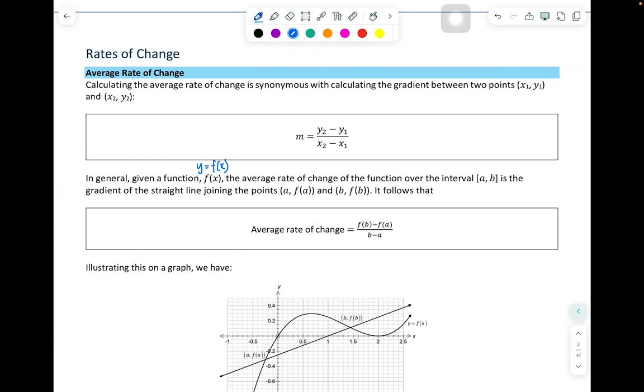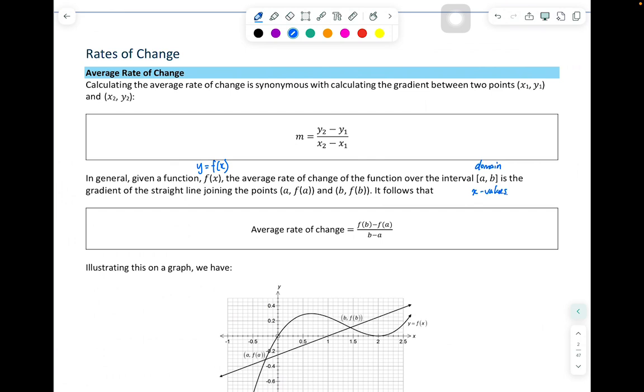The average rate of change of the function over the interval a, b, so these are our x values, or our domain, is the gradient of the straight line joining these 2 points, a, f of a, b, f of b. First of all, we can see that the average rate of change here is a very similar formula. In fact, they are exactly the same. We are just presenting them in a different format here.